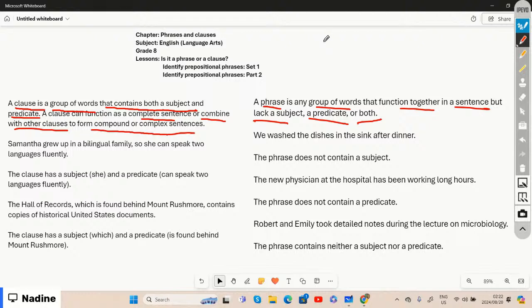All right. And when it comes to phrases and clauses, right?